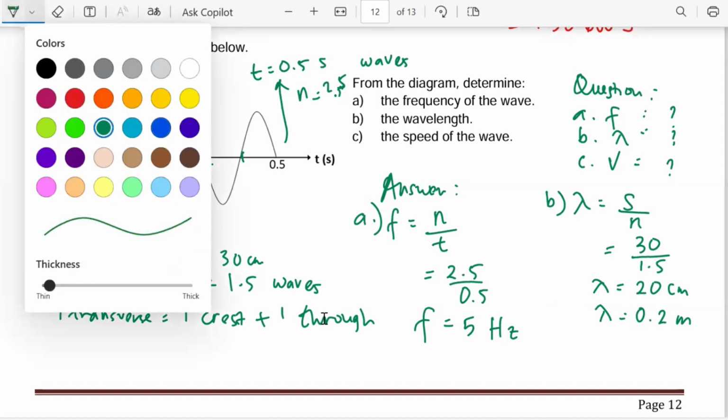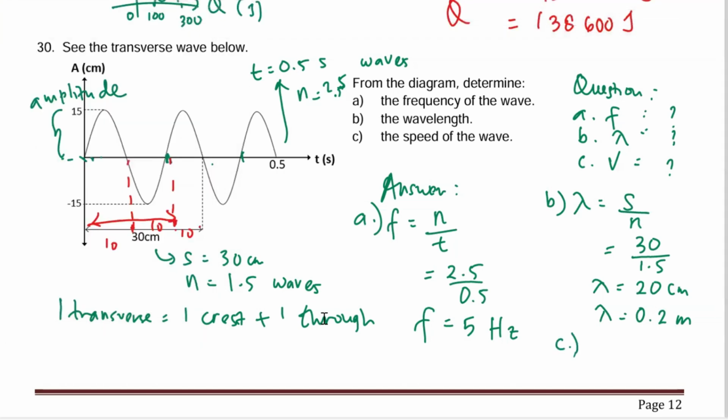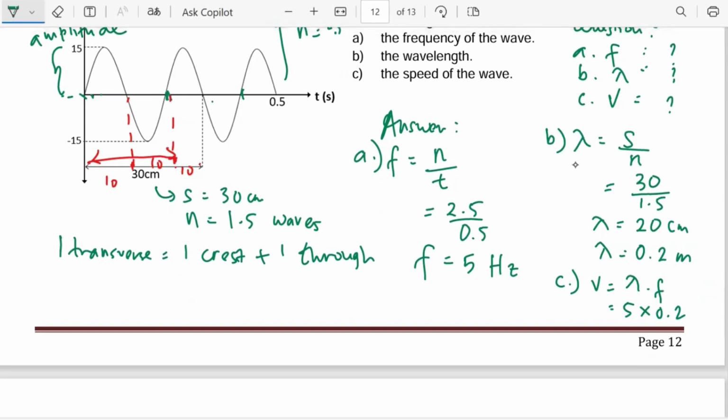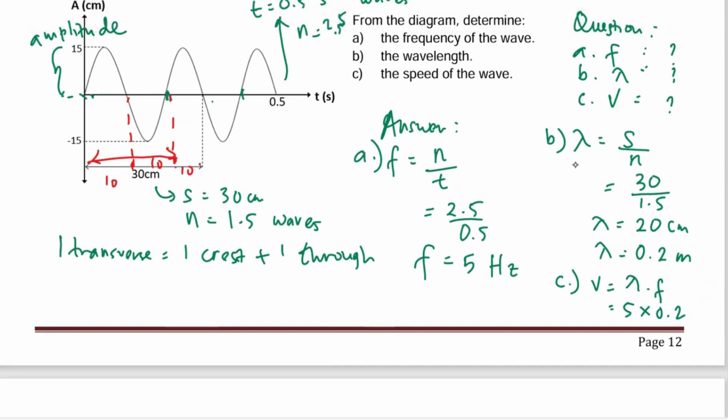Now back to the question. C asks for the speed. V equals lambda times f, so 5 times 0.2 is 1. So 1 meter per second. That's the answer.